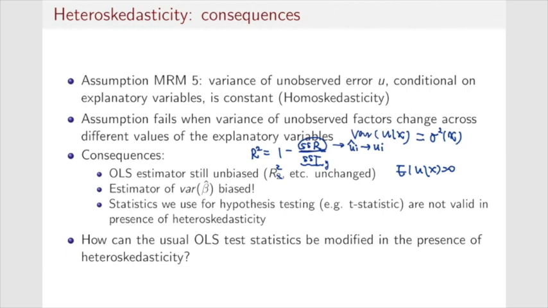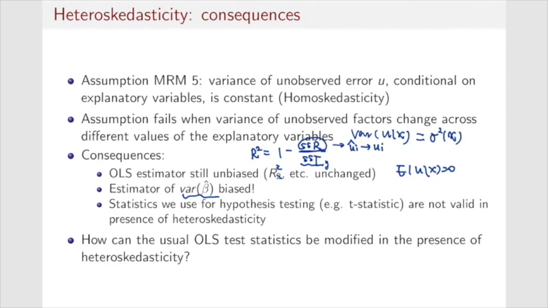However, when we derive the variance for the estimator, the variance of beta hat, we need to apply the variance of the error term. With heteroscedasticity, the estimator for the variance is biased. A more serious consequence is that we cannot use the standard statistics to perform hypothesis tests.